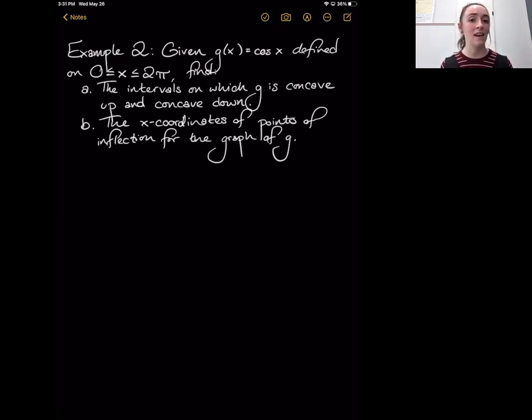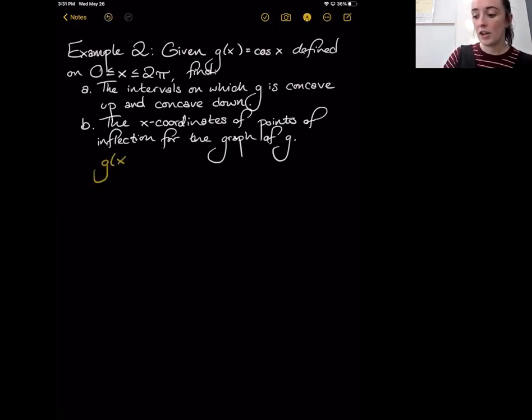We're going to find the intervals on which g is concave up and concave down, and we'll also find the points of inflection. So we're going to start off the same way. We know that to figure out anything about concavity or inflection, we first need to figure out the second derivative of the function.